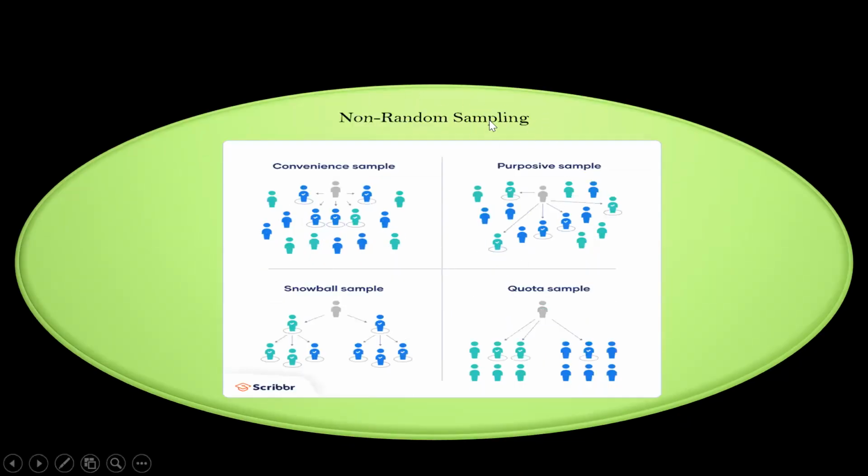Non-random sampling techniques or non-probability sampling techniques are biased in nature. A defining feature is not everyone initially has an equal chance of being selected. And probably the most commonly used non-random sampling technique of all is convenience sampling. So in this case, here's the researcher. Who is the researcher selecting for their sample?